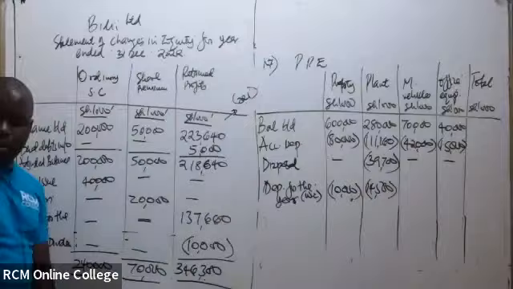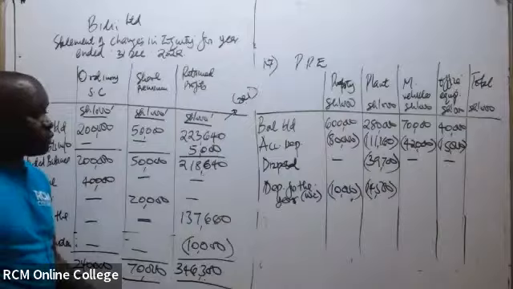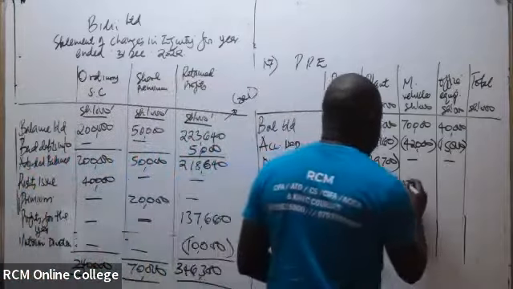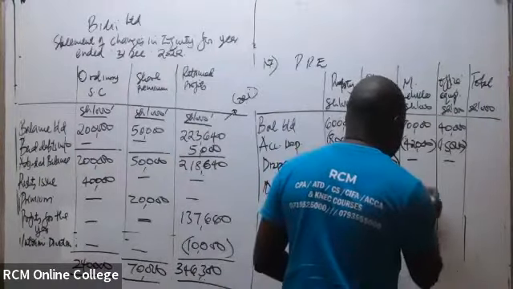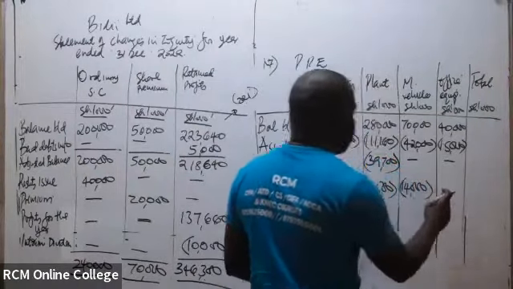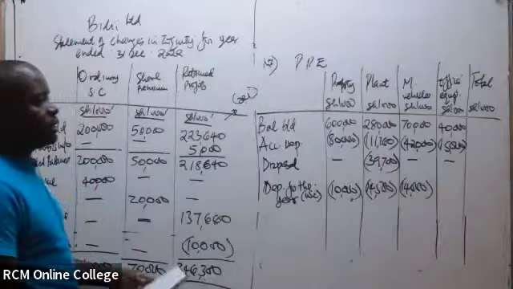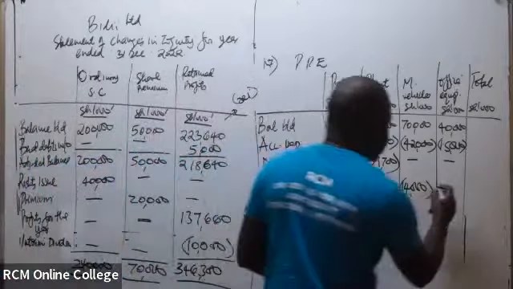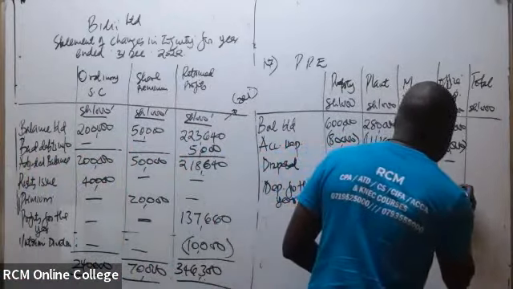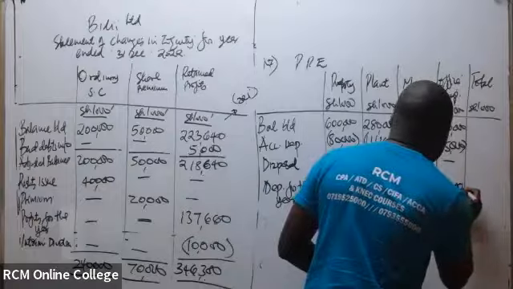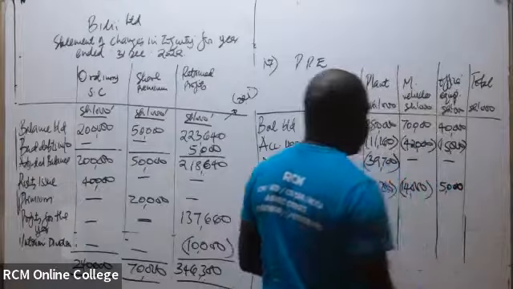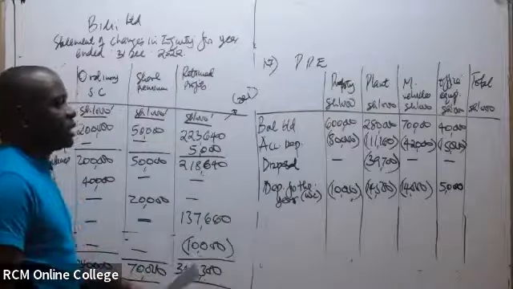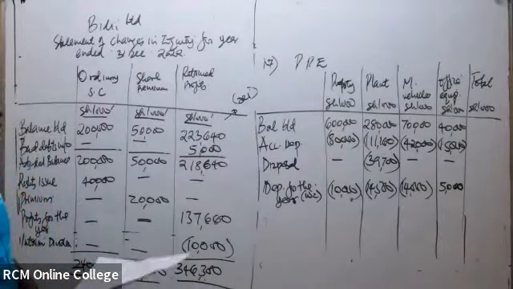For motor vehicles, it was 14 million. What about office equipment? Office equipment was actually 5 million.